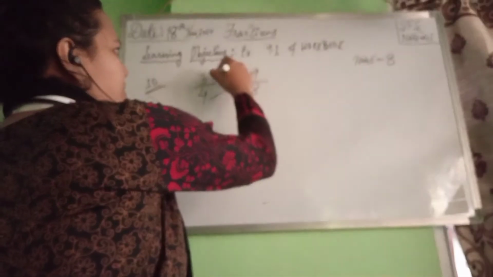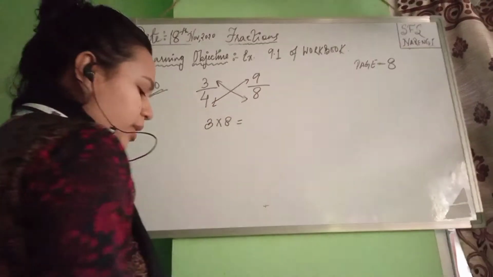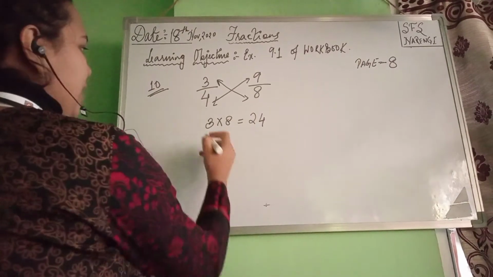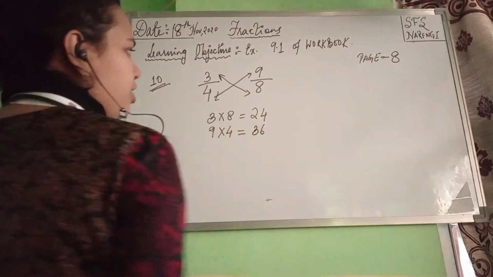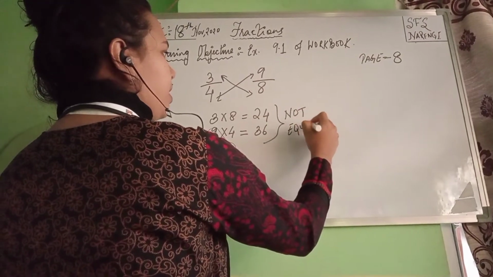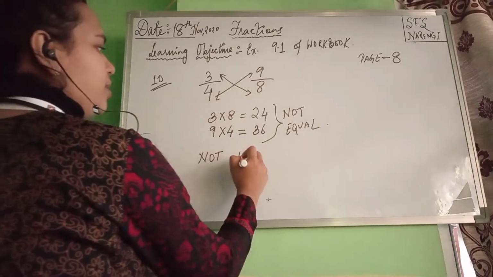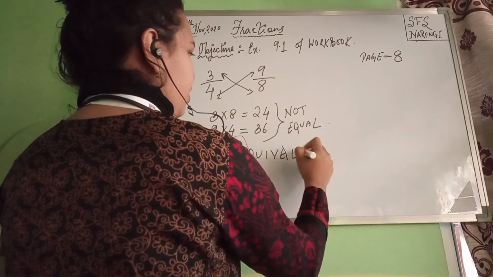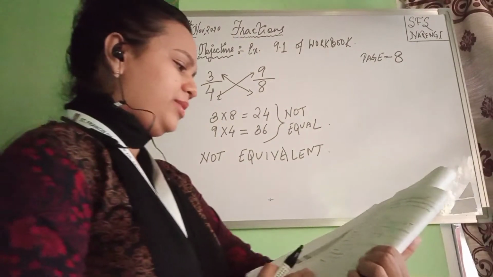All you have to do is cross multiply. 3 into 8 is 24, right? And 9 into 4 is 36. Are they equal? They are not equal. Since the cross products are not equal, I can say the fractions are not equivalent.